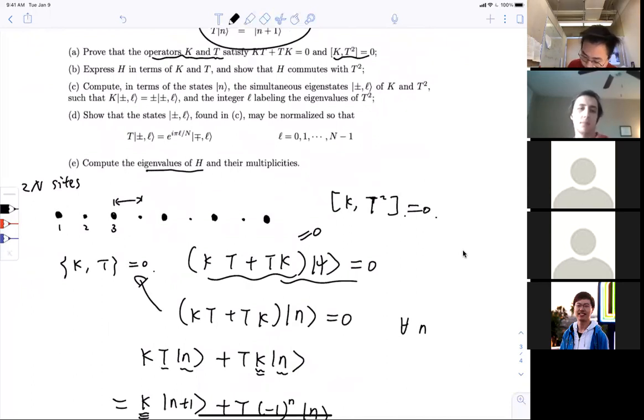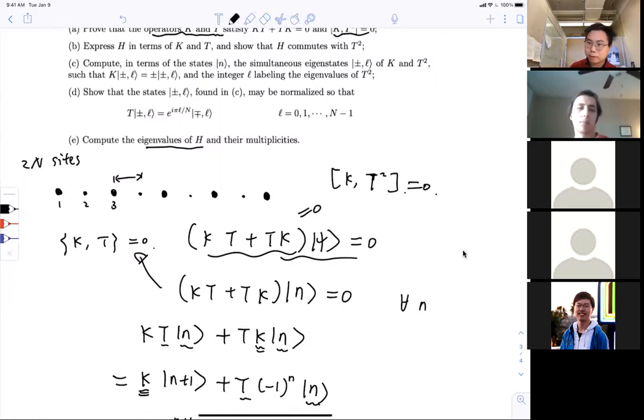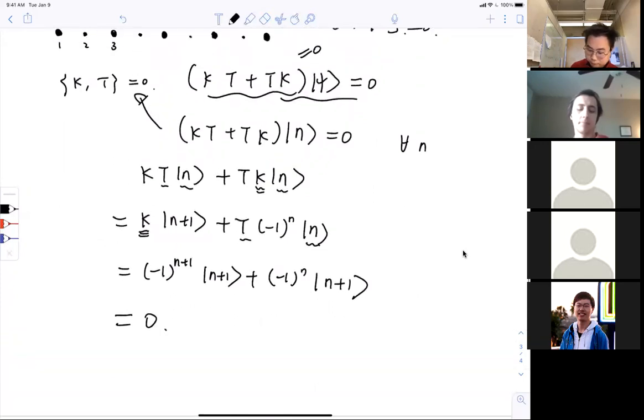Because if you translate the lattice by two lattice constants, it will not change the parity of the site. 1 translated to 3, 3 translated to 5, they're all odd sites. And 2 translated to 4, 4 translated to 6, and yeah, the parity is preserved.